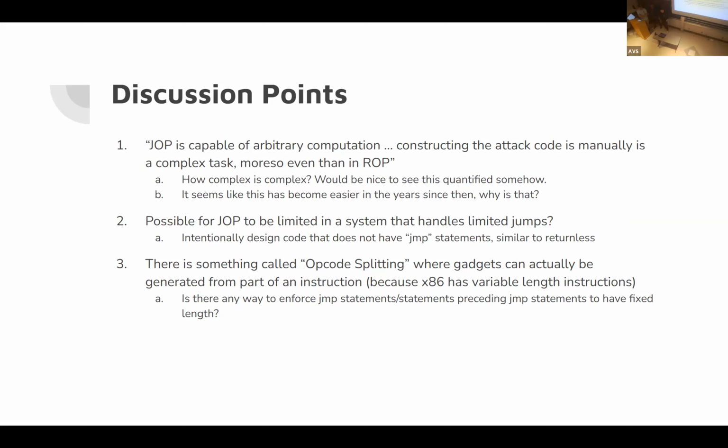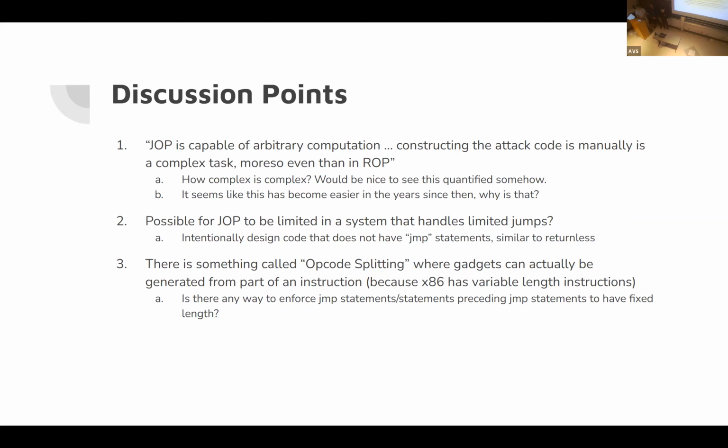The difference is that in return-oriented programming, you use return, right? So all you need to do is push addresses onto your stack. Once you do return, you just go back to the stack. But since you're not using returns, you use indirect jumps, so you also need to keep track of where the jumps are happening. You jump back, check the register, then jump again, and so on.